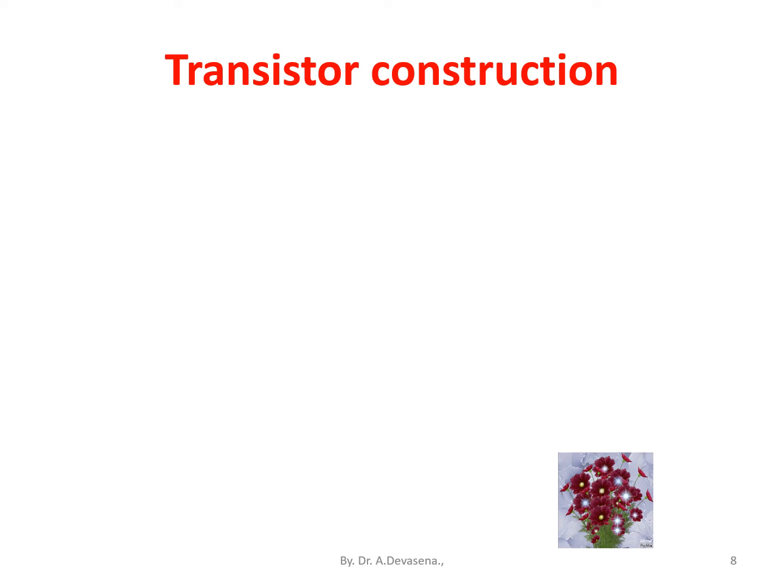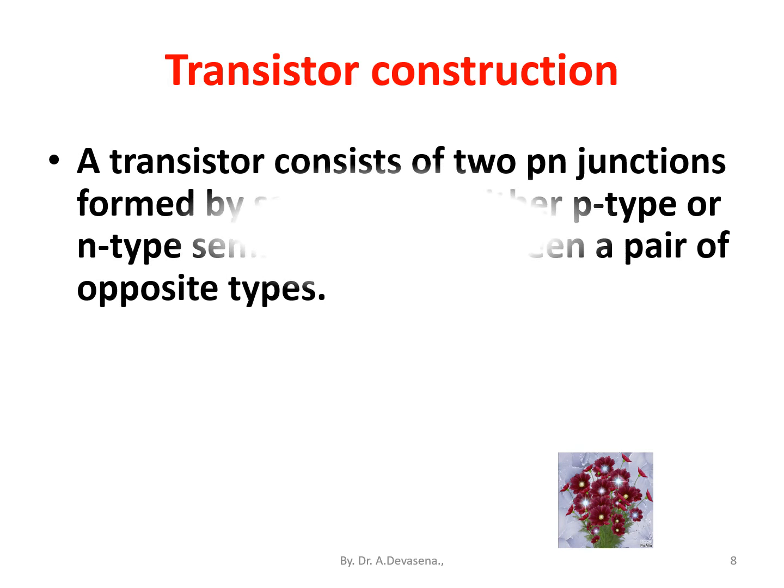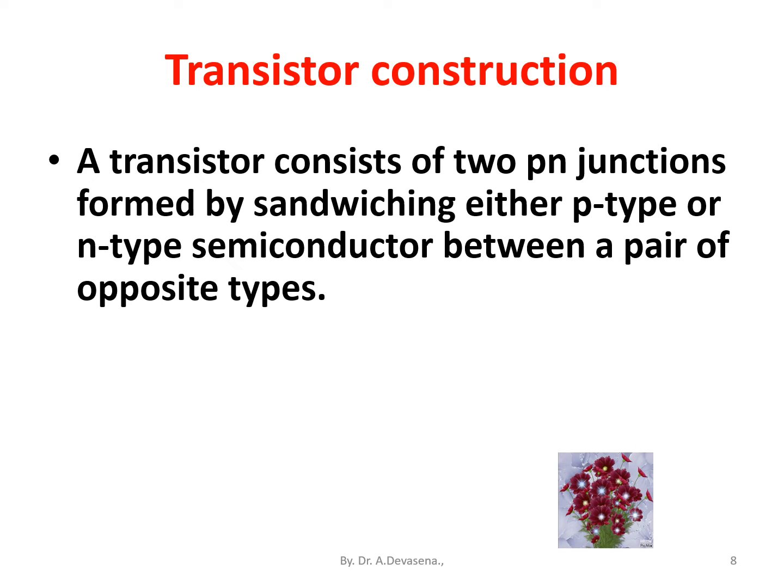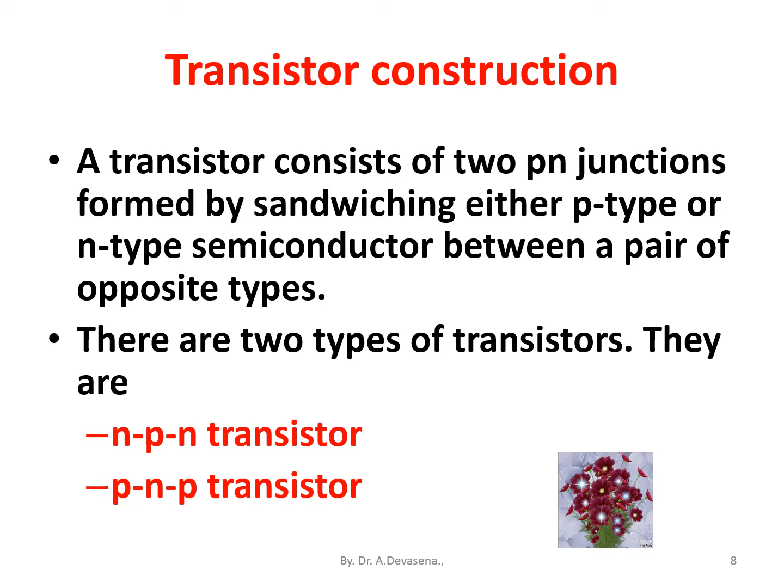Transistor construction. A transistor consists of two p-n junctions formed by sandwiching either p-type or n-type semiconductor between a pair of opposite types. There are two types of transistors. They are the NPN transistor and the PNP transistor.